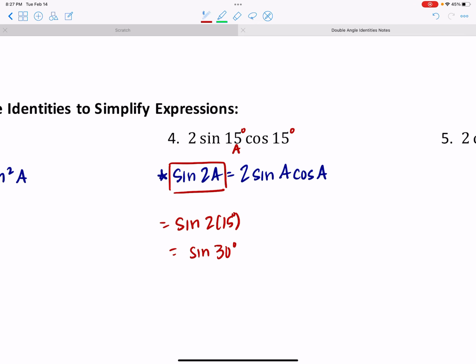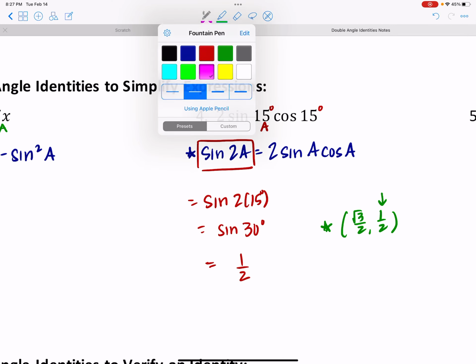Remember, on the unit circle, a 30-degree angle intersects at the coordinates radical 3 over 2 and 1 over 2. That's right there in your left hand if you're using the hand trick. And the sine is the y value in that coordinate. So the sine of 30 means we can go one more step here and say this is going to be exactly equal to a half.